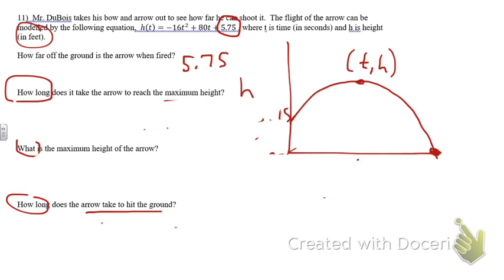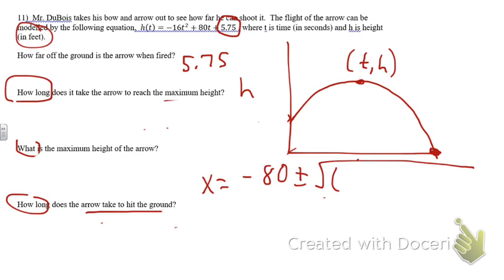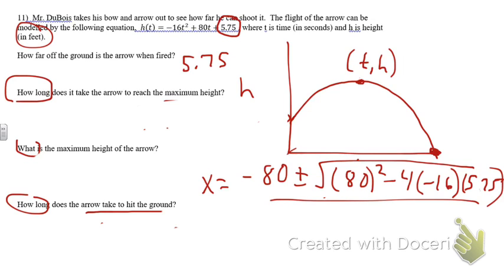The only way to solve it that makes sense is to do the quadratic formula. So opposite of b plus or minus square root b squared minus 4 times a times c, all over 2 times a.